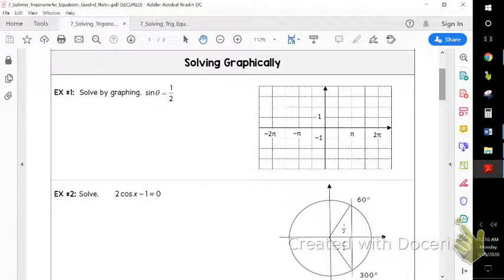Alright, so example 1. Let's solve by graphing sine of theta equals 1/2. Let's remember what sine of theta looks like. Sine of theta, same thing as sine of x, has a parent table, and remember, your x's go from 0 to 2 pi. Sine is the one that starts at the origin, goes up, comes back down, and then goes back to 0.